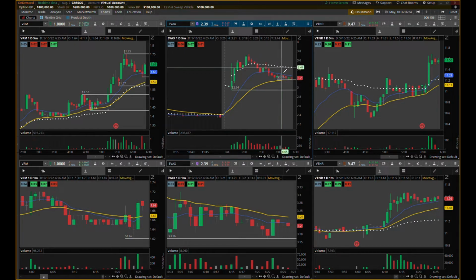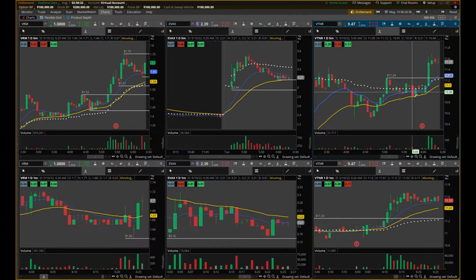See, it's below the VWAP, and it seems to be turning into a downtrend. Not good. Pivot. Little support there, and there, and there, and there. Whoops, we didn't get this one.